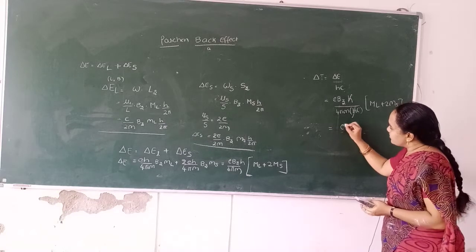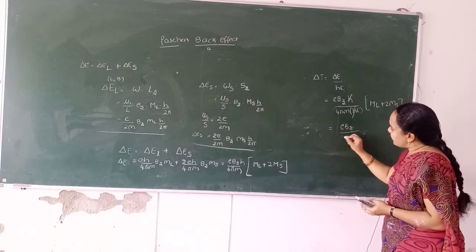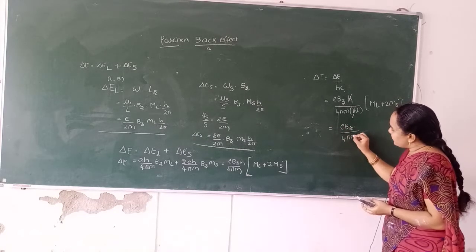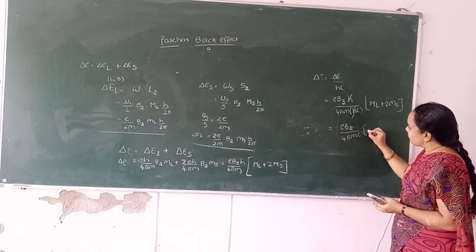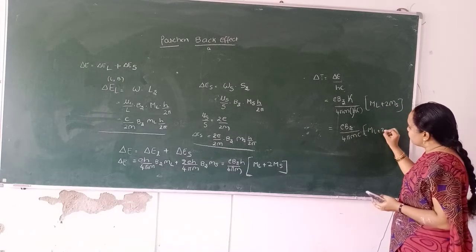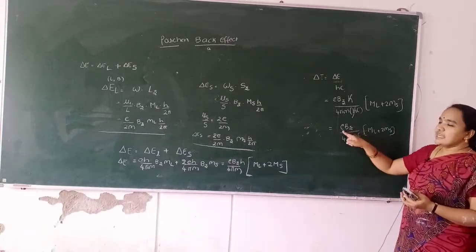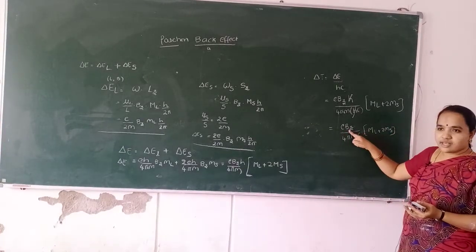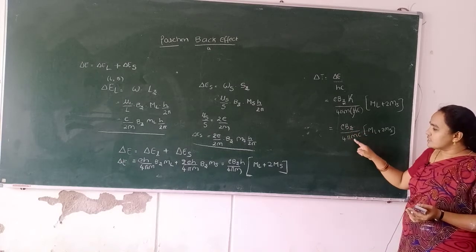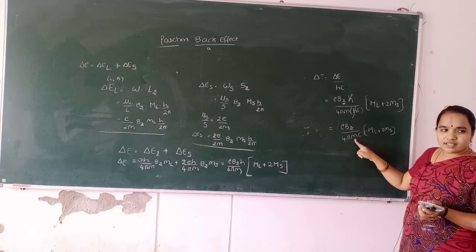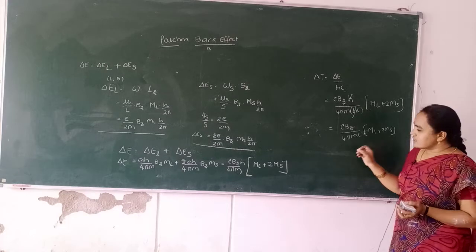The remaining terms are e Bz by 4 pi mc of ml plus 2 ms. Here e is the charge of an electron, the external magnetic field is constant, m is the mass of an electron, and c is the velocity of light.